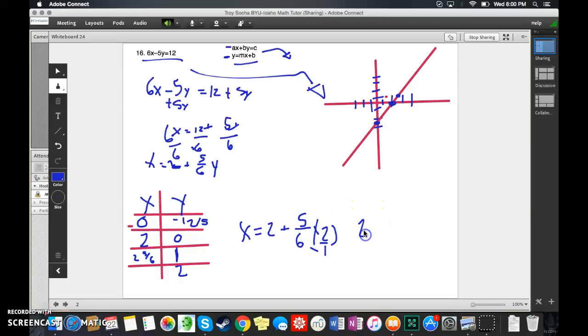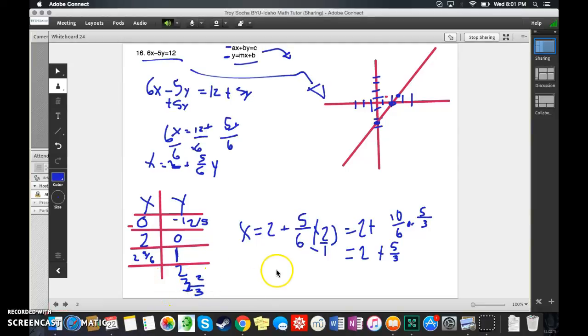This becomes 2 plus 10 over 6, or 5 over 3. So if that's 5 over 3, when we add a whole number to the fraction, we can just add those, or we can do it another way. So this is going to equal 3 and 2/3.